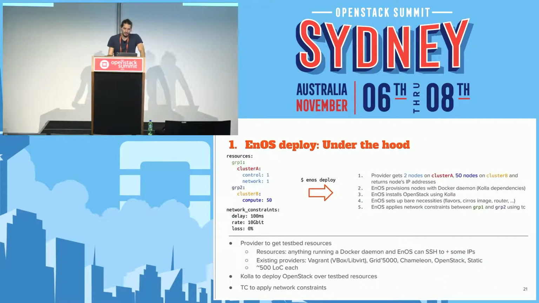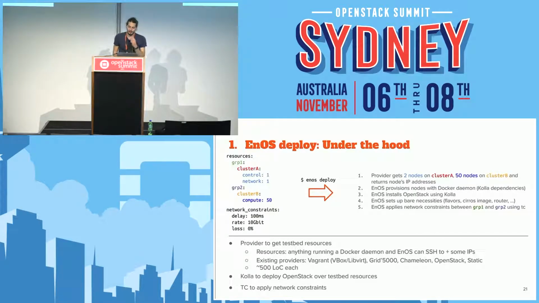So let's see now how it works under the hood. EnOS deploys OpenStack services on any kind of resource. In our context, a resource is anything that is reachable by SSH, and on which we can deploy the Docker daemon, which is a dependency of Kolla. To manage resources, EnOS relies on the notion of provider.